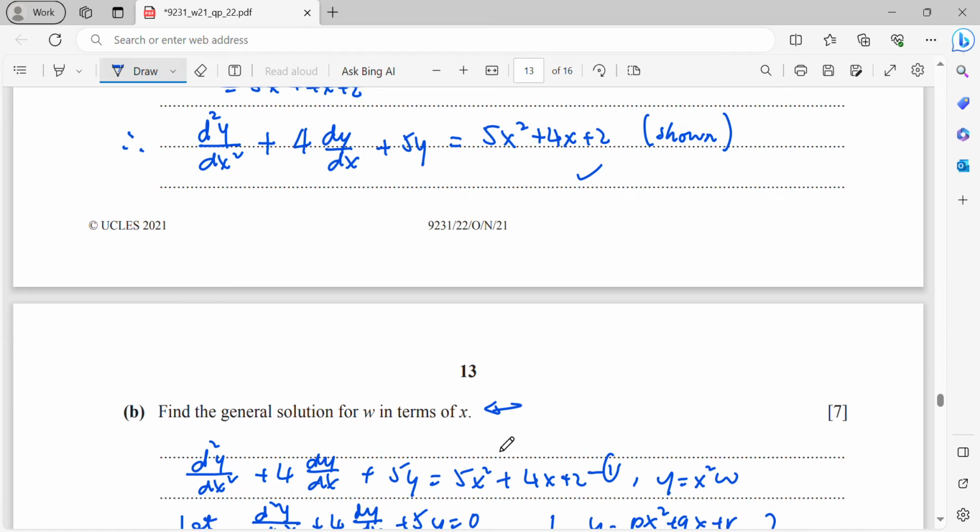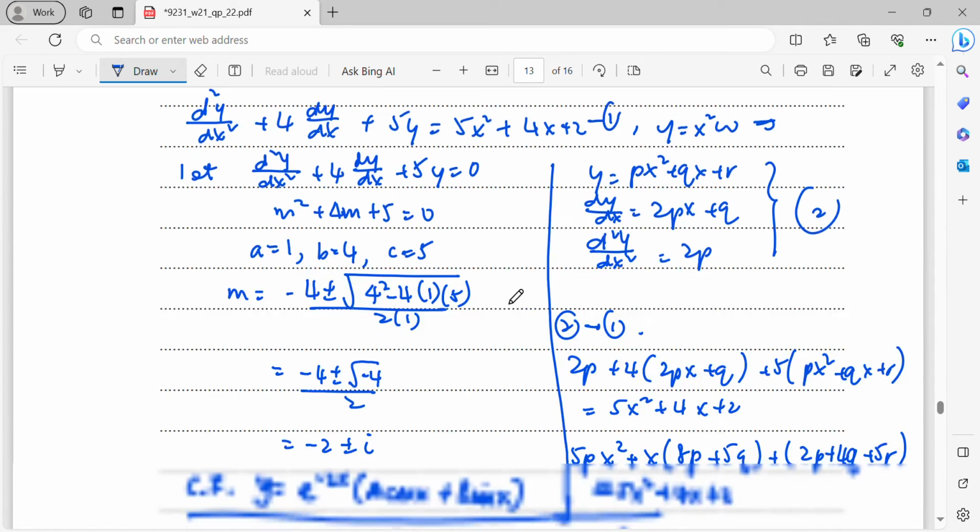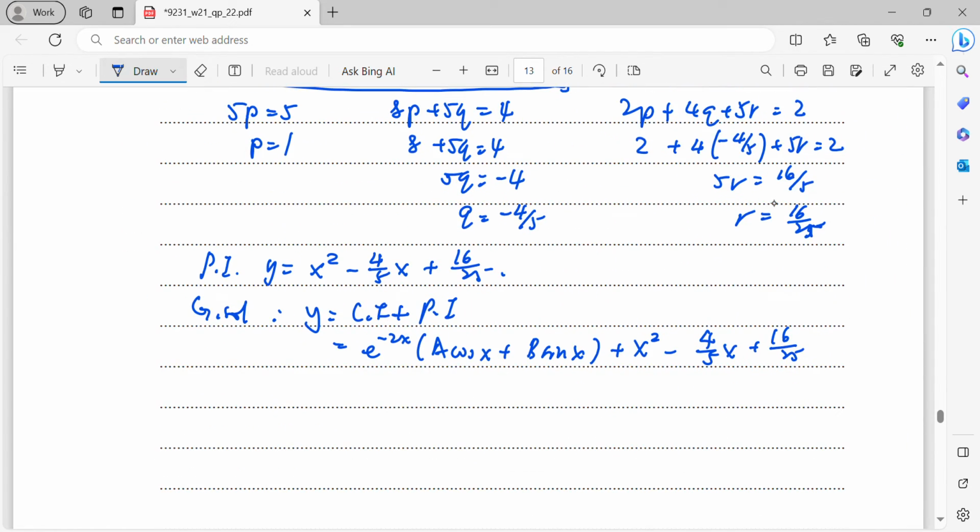But, okay, find the general solution for w in terms of x. So from here, change back. So it means that you get the y, right? So your y is x squared w. So just change the y by x squared w, and then get the w as the subject.